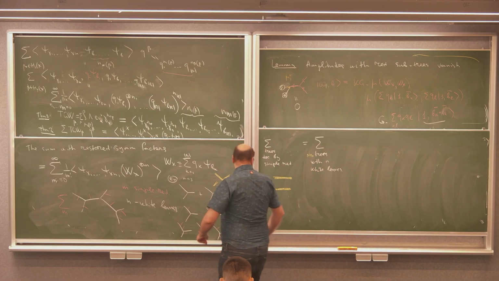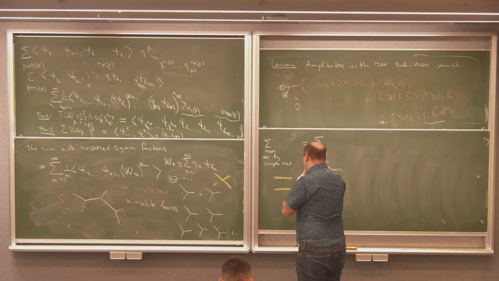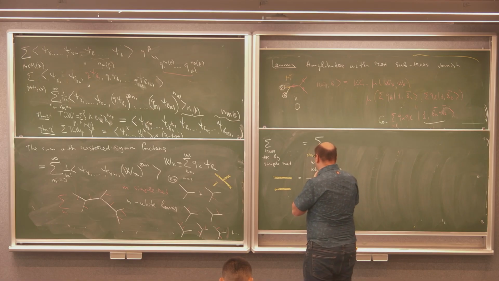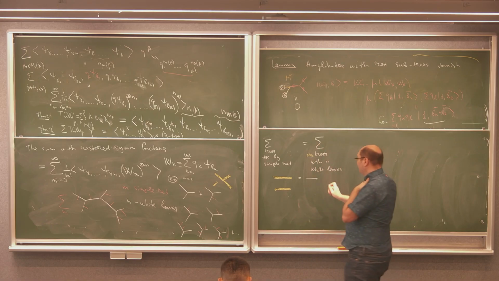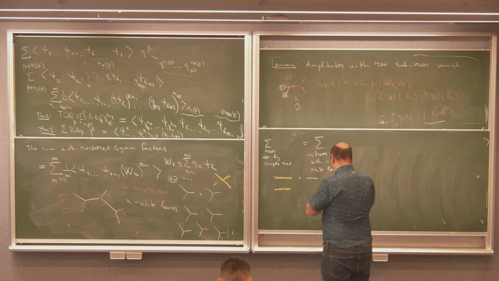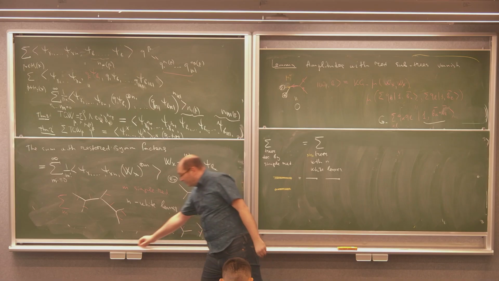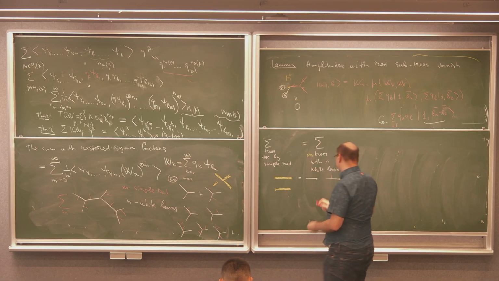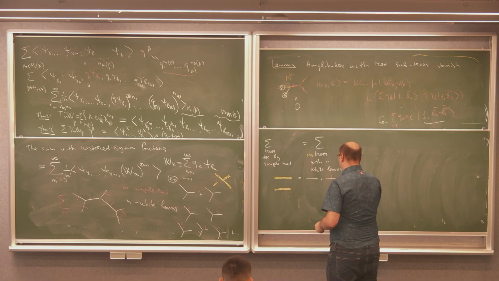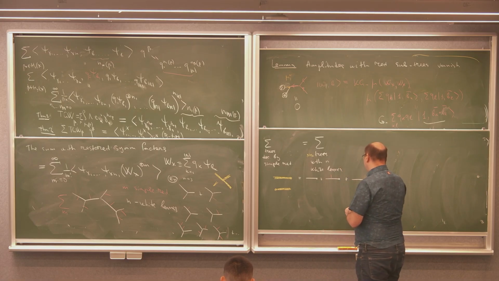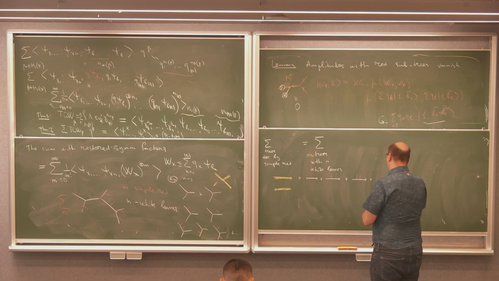But each yellow leaf is the formal sum of the following kind. It is just a white leaf, a white leaf decorated once, then a white leaf decorated twice, and so on.